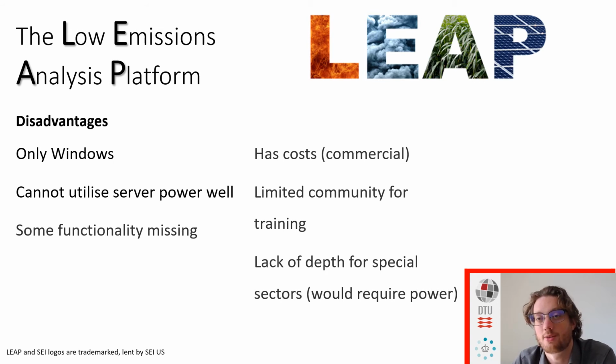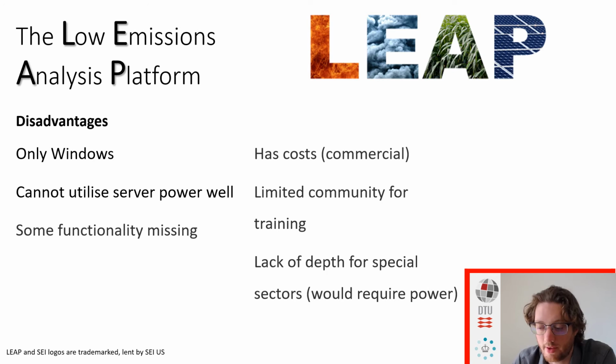Disadvantages to Leap. It only runs on Windows, so if you have a Linux or if you have a Mac, it does not work. Of course, both of those you can have Windows in as well, but unfortunately not on these platforms. It does also mean you have to have a license for Windows to even begin running Leap. It is very much just a good office software kind of thing.